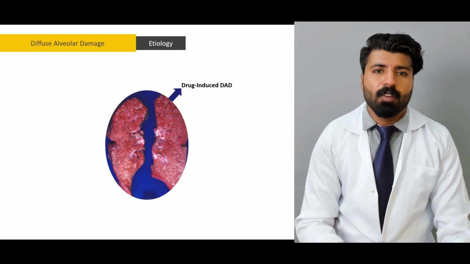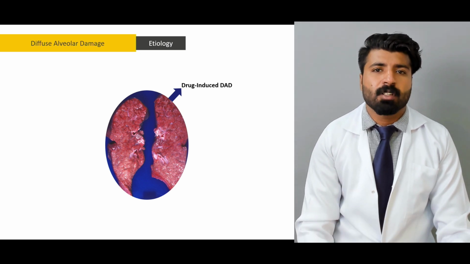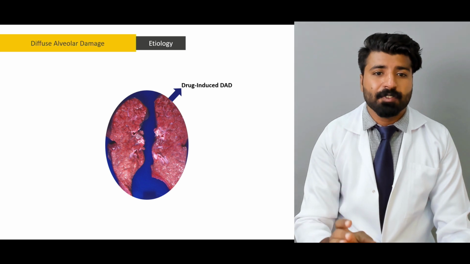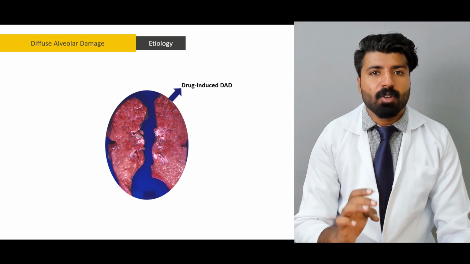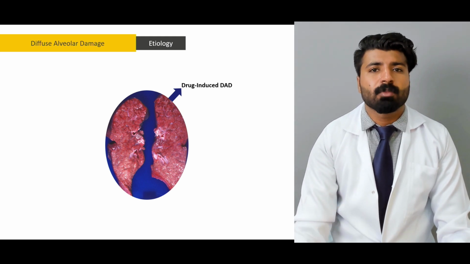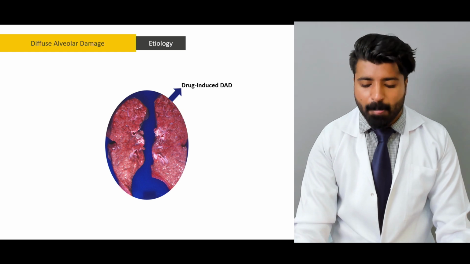Chemotherapeutic drugs. All of those drugs which are going to cause diffuse alveolar damage are chemotherapeutic drugs. Chemotherapeutic drugs are the major cause of this disease. Otherwise, there are other drugs present like fluoroquinolones. They also affect the lungs in this way.